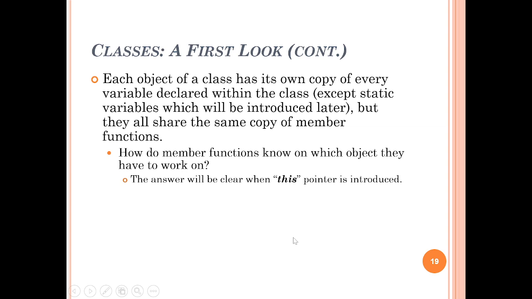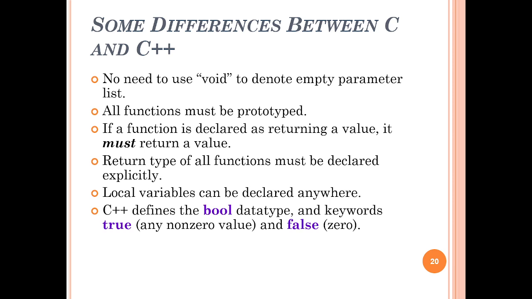Each object of a class has its own copy of the variables declared in the class, except a static variable, which is introduced later. They all share the same copy of member functions. Then what is a member function? A member function is similar to a C programming function. A member function belongs to the declared class only.